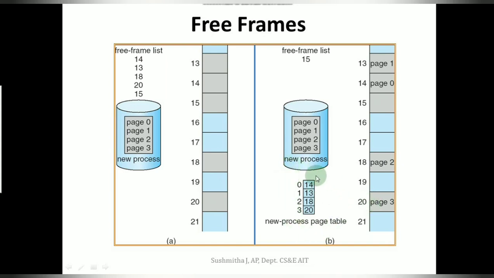This is the information of just one process. Process 1 is dealing with this set of pages and this set of frames, which cannot be used by any other process until this process completes and releases this memory.